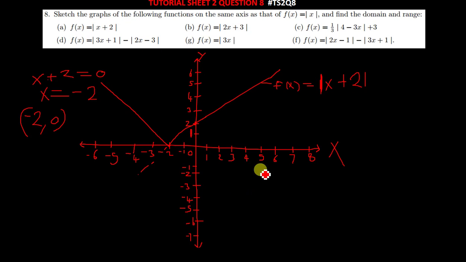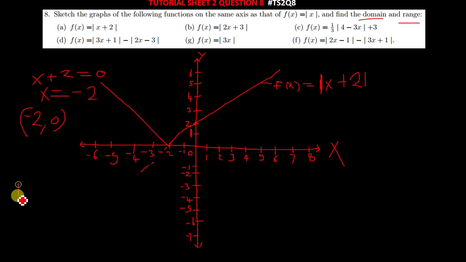Now how do you find the domain and the range? You've been told to find the domain and the range at the same time. So the domain is just the values of x, the inputs, that are qualified to be put here. Which values of x are those?